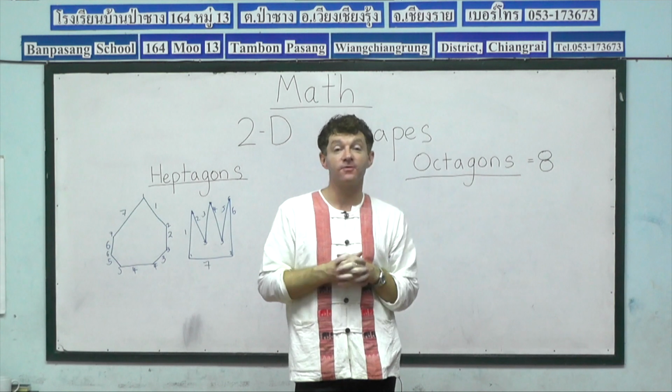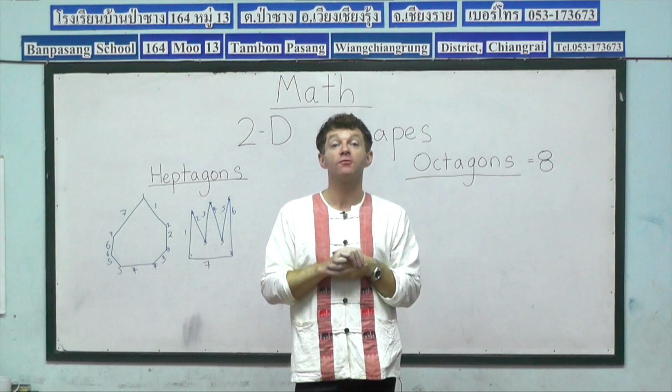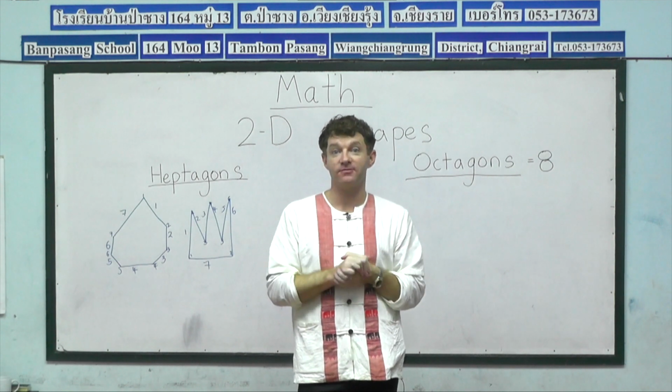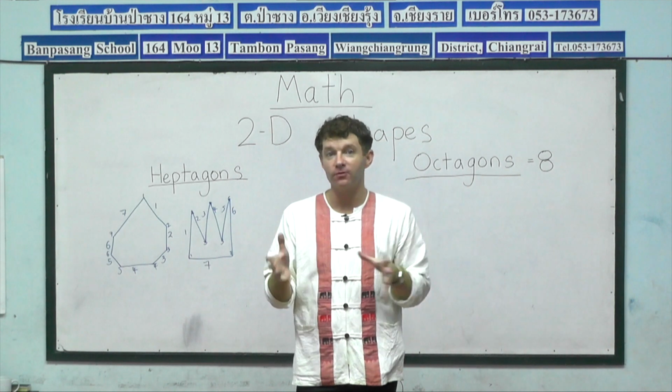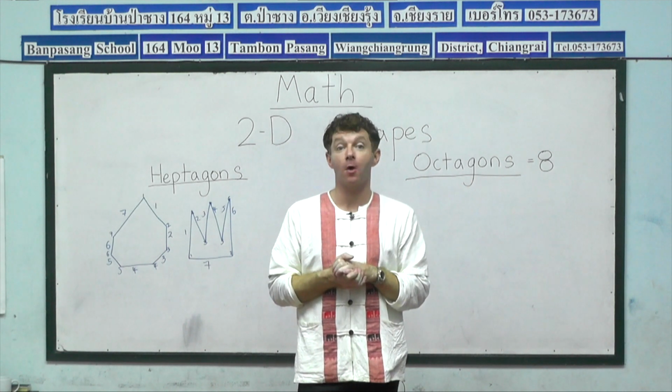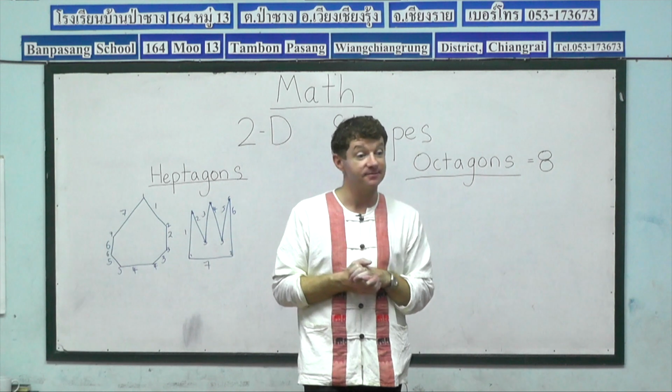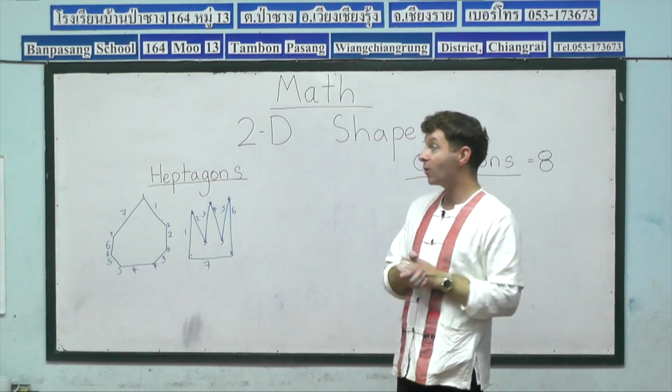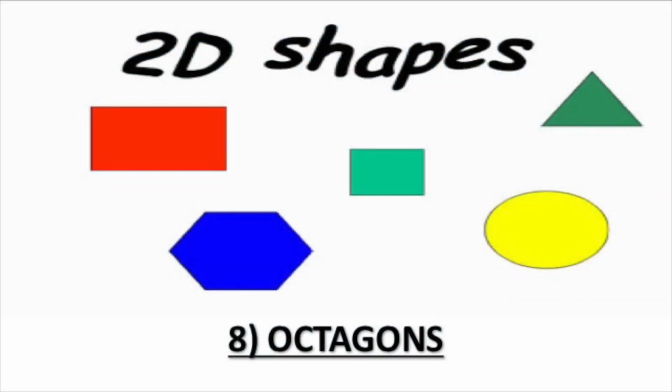What we're going to do now is have a look at some videos and a PowerPoint presentation so that we can better understand octagons. Okay, guys? So let's turn our chairs to have a look at the TV screen. Now we're going to have a look at a PowerPoint presentation to look a little bit more at octagons.